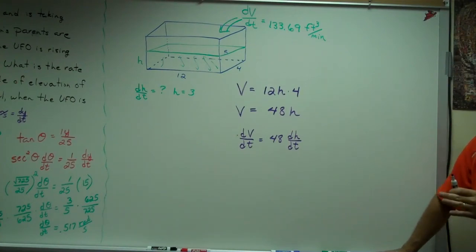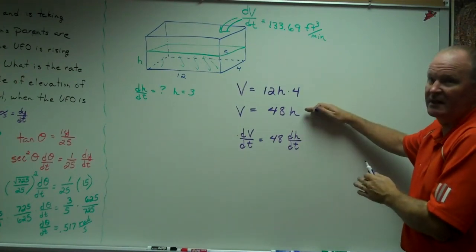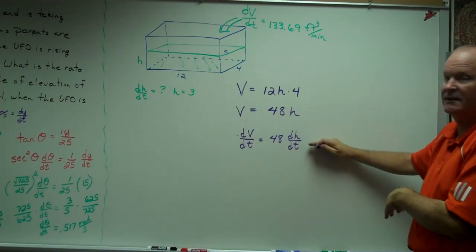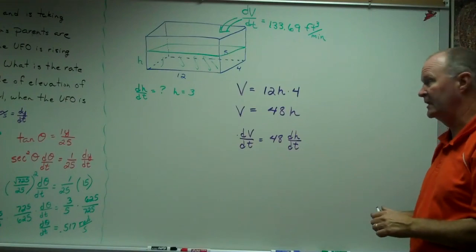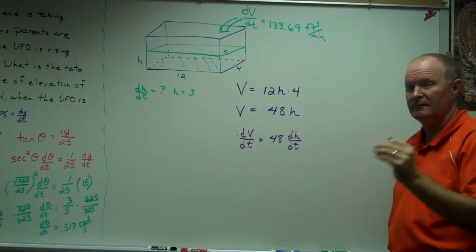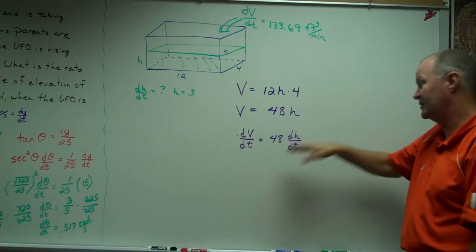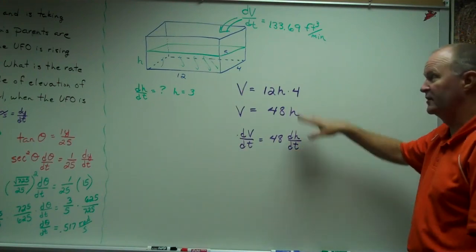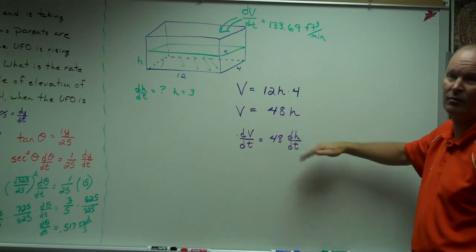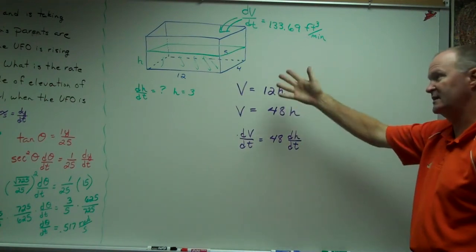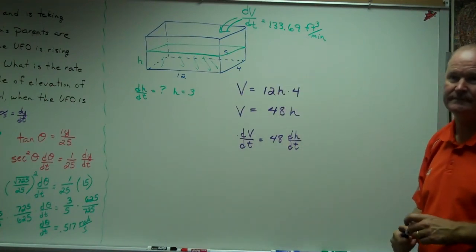I'm not done yet. I've just found my static equation, and I've got the related rate equation that I'm going to use to find the answer. And that's when I'm going to use the 3. But the funny part is, as you just noticed, there's no h here. So the 3 really doesn't matter. The rate of change is constant in this case, no matter where we're at, because it doesn't depend on the height of the water.